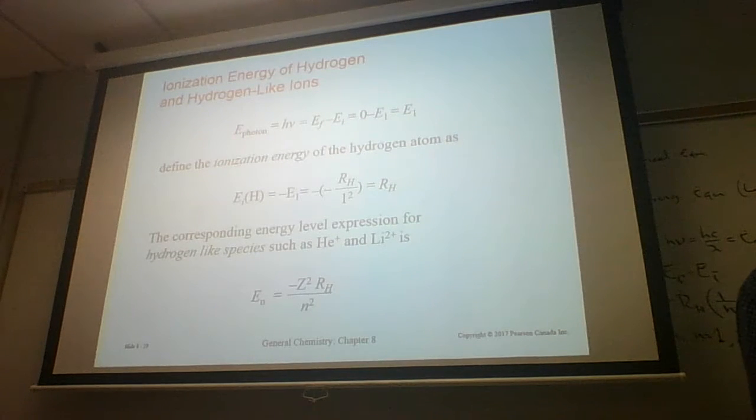And so Bohr failed because it could not predict atomic spectra for anything except one electron species.